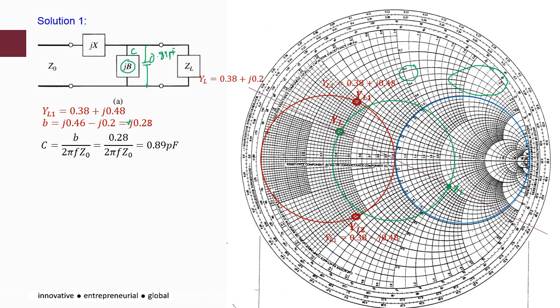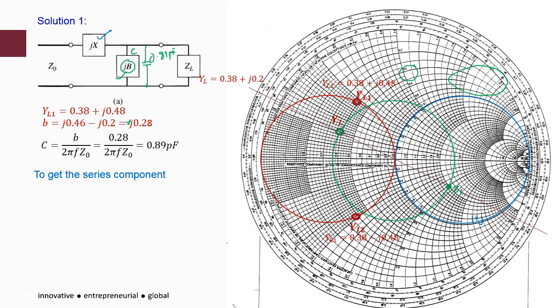Next, to get the series component, now that you have solved this one, you look at this. jX is in series, so you need to translate the first solution just now to intersect with the 1 plus jX circle.